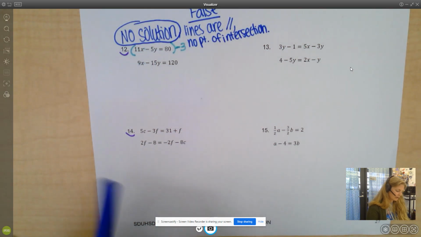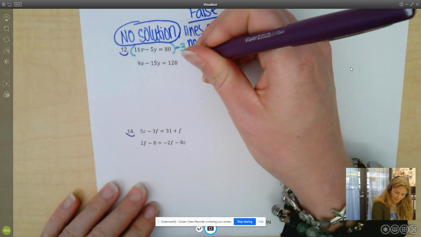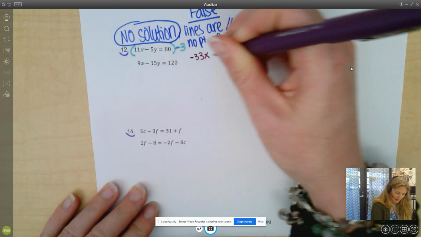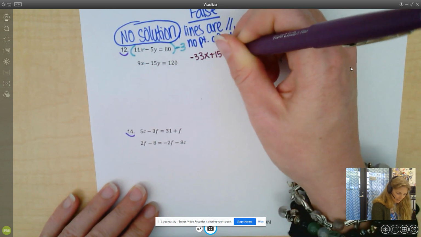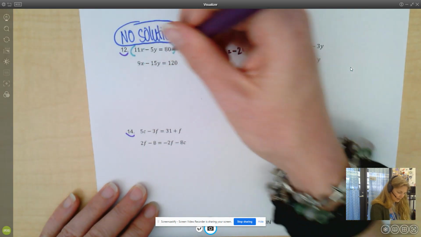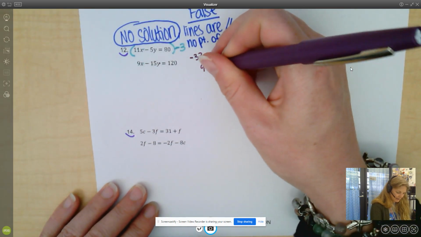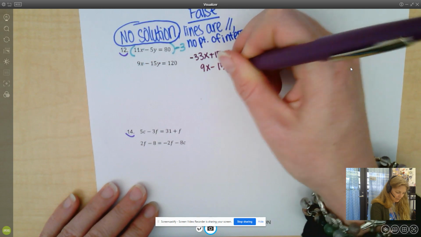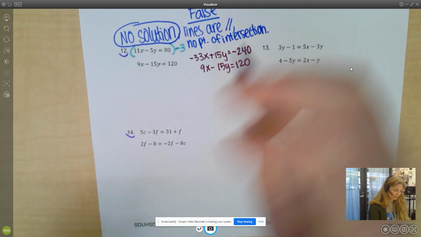So from here, I'm going to have -33x plus 15y is equal to -240. And equation 2, I'm just going to have 9x minus 15y is equal to 120.